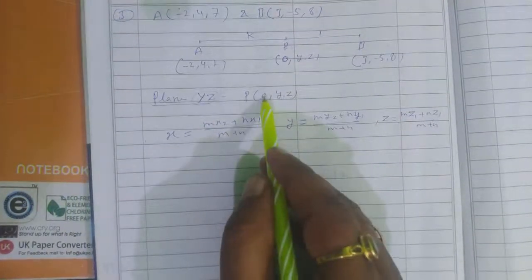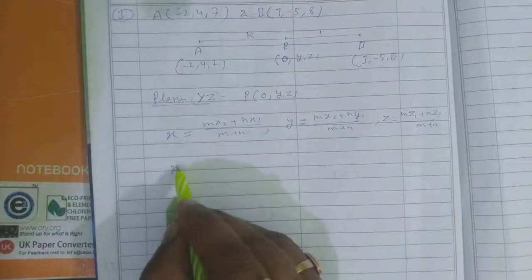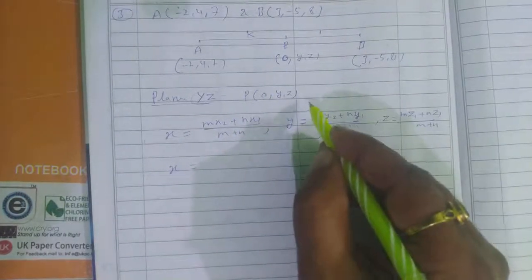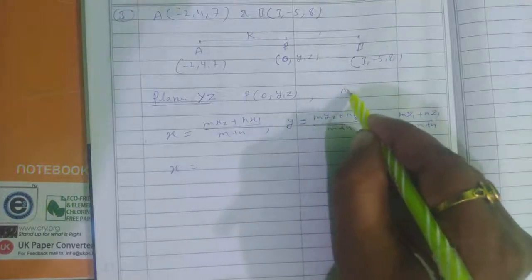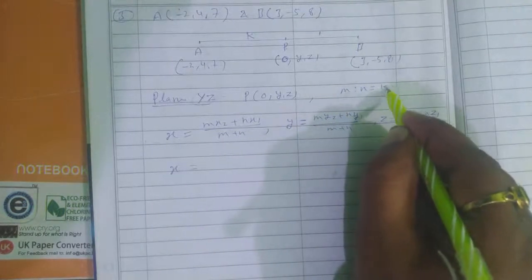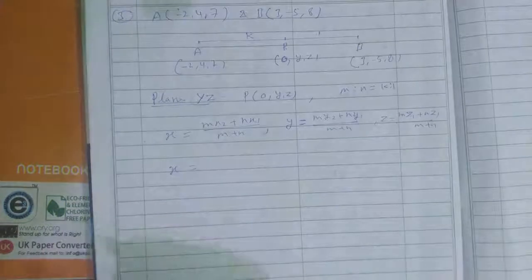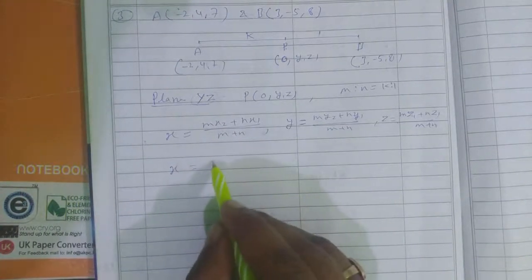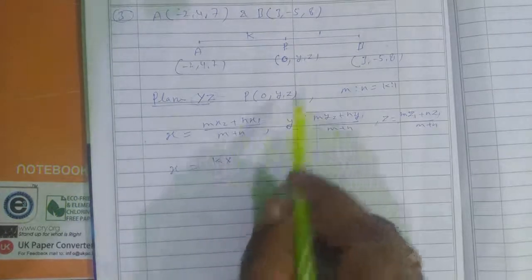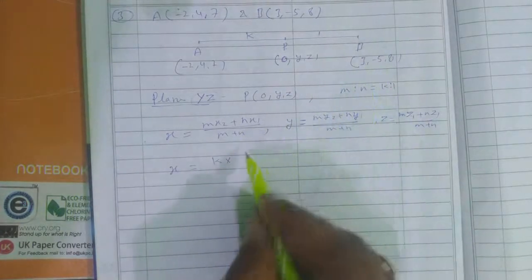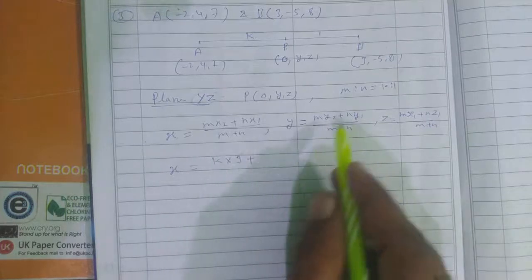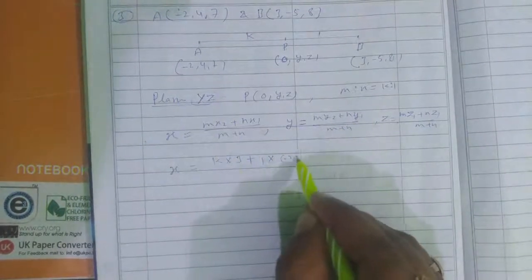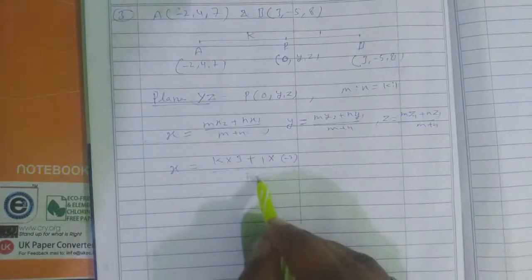First we put in the values. What is the value of m and n? The ratio given here is k:1. So the m place is k, multiplied by x2, which is 3, plus n, which is 1, multiplied by x1, which is -2, upon k plus 1.